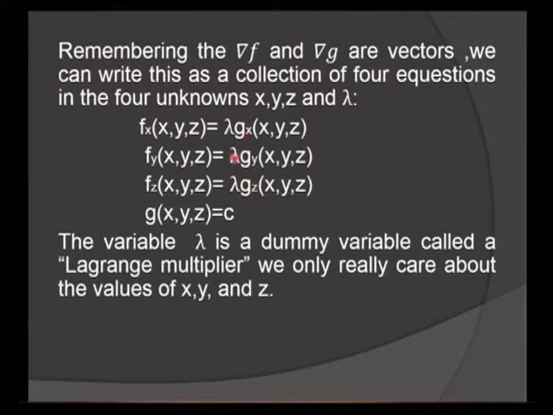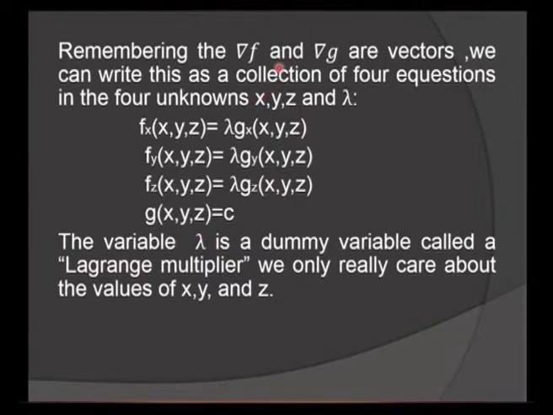So these 3 equations give the components of del f is equal to lambda del g in 3 different directions. Then the constraint, that is g of x, y, z is equal to c.